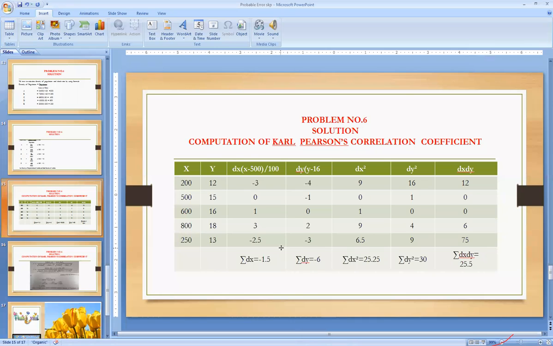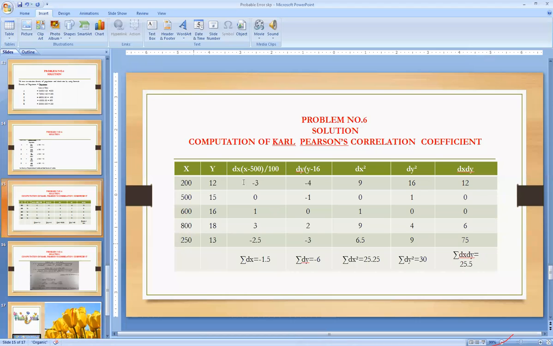Now see here in this table, they have written x values as well as y values, and the deviation they have taken here. They have followed the assumed mean method. For the x variable, you write x minus a divided by c, the common factor, which means all the numbers are divided by c.